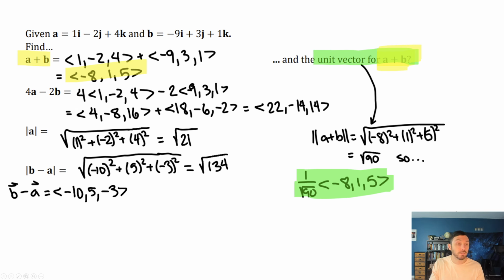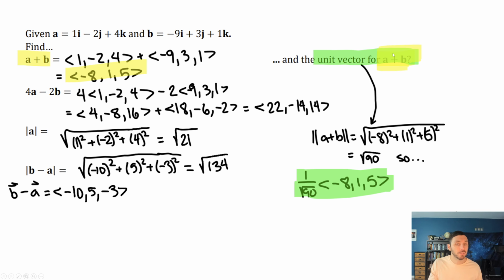Finding the magnitude of A, which is the distance between the tip and tail of the vector, is just the square root of the sum of squares. I'm going to say that all the time in this course. Square root of sum of squares. So be ready. This next one was first taking the difference between these 2 vectors, which I did right here, and then finding the magnitude of that distance, so square root of 134.